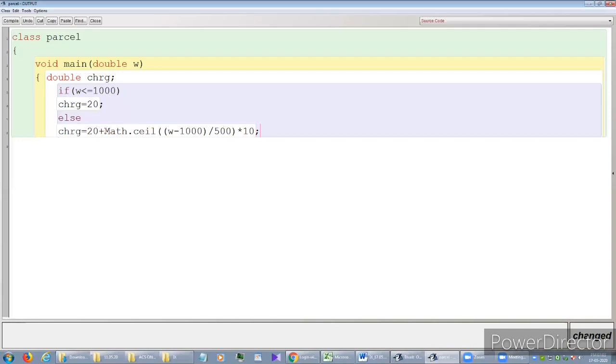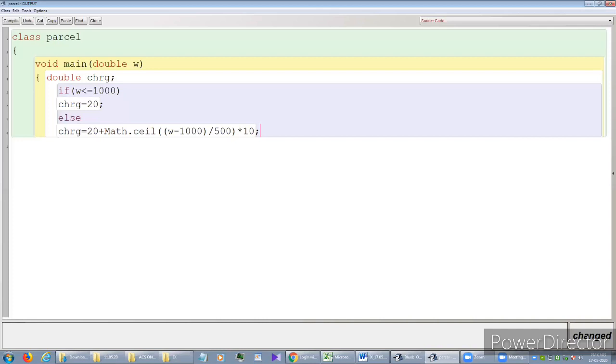So it is very clear to everyone that if the weight of a parcel is 2,301 gram, then we subtract 1,000. Why do we subtract 1,000? Because already we paid 20 rupees for that. So what is the rest weight? The rest weight is 1,301 gram.